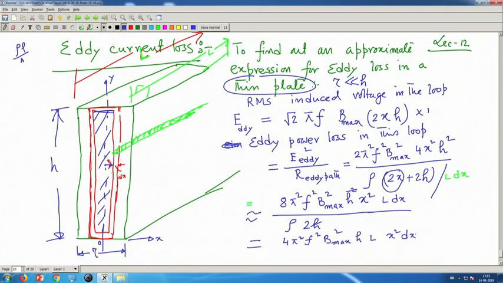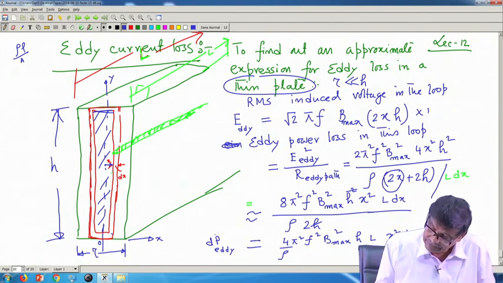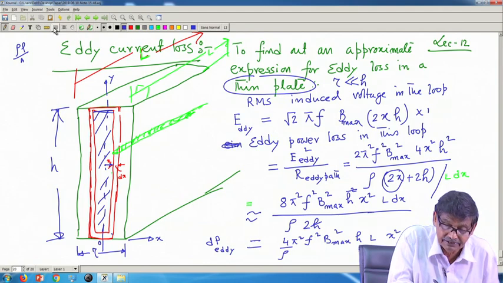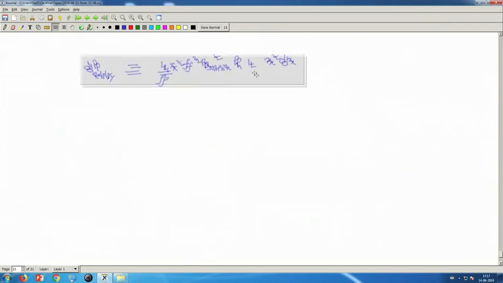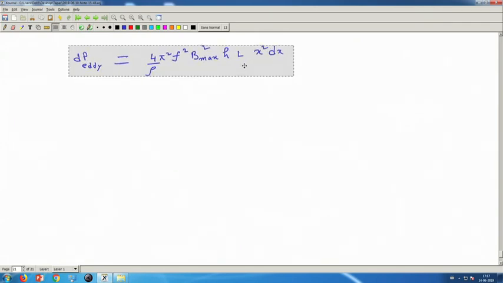It is now a manageable expression, divided by rho, of course. So this will be this loss. I will say this is dp eddy on this elementary loop. And this portion I will just copy it and carry on. So, we got from the previous slide, this is the thing.